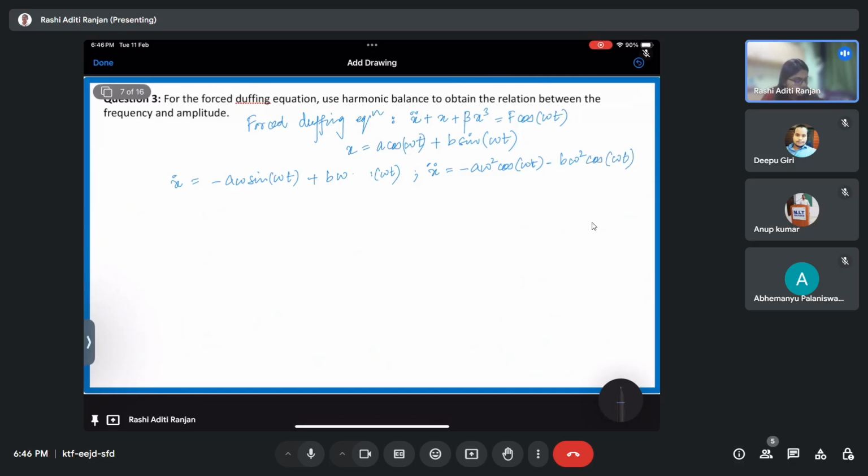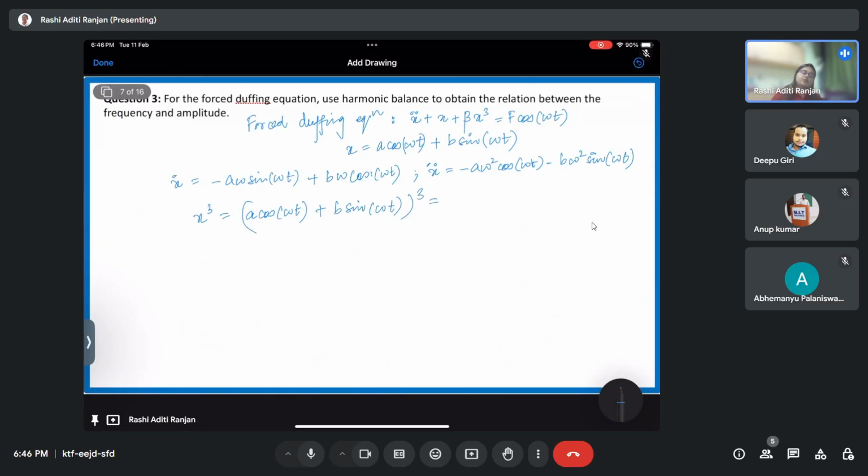This should be cos and this should be sine. Further, we also require x cube, which is a cos omega t plus b sin omega t, whole cube.